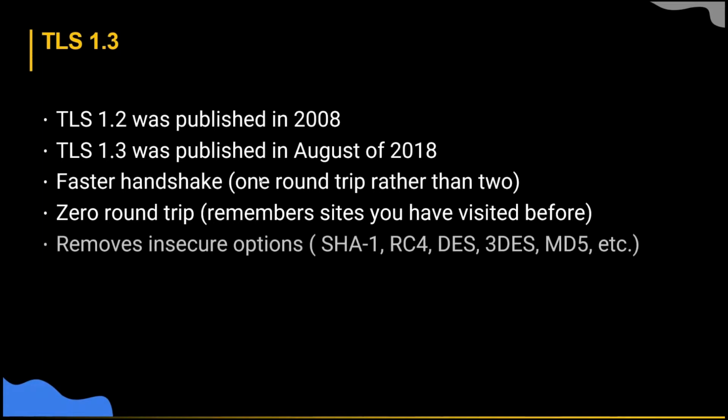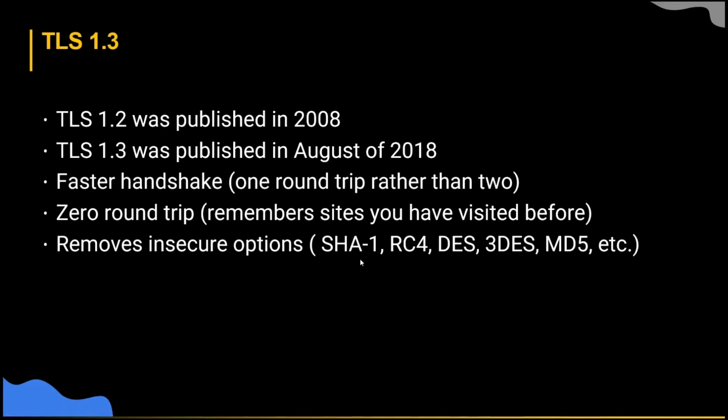Okay, let's talk about TLS 1.3 now. TLS 1.2 was published in 2008, so it's also getting crusty. TLS 1.3 was published in August of 2018. In addition to being more secure than 1.2, it removes a number of options that are considered vulnerable now. Those are removed so that you cannot use them.